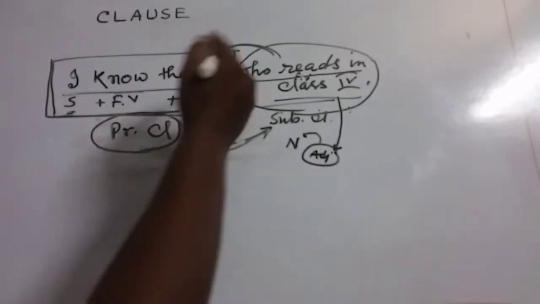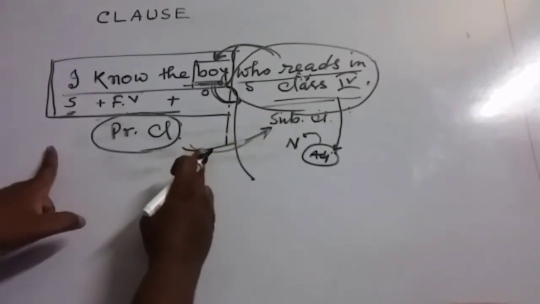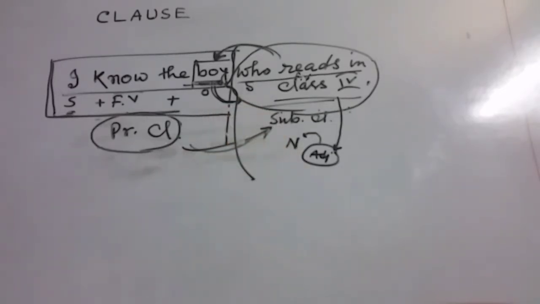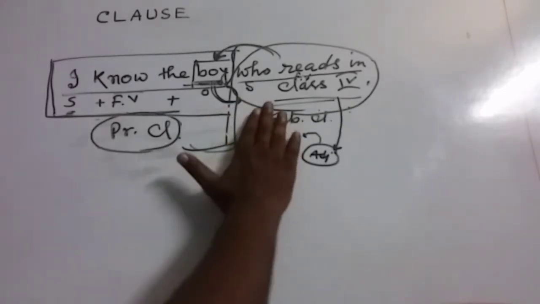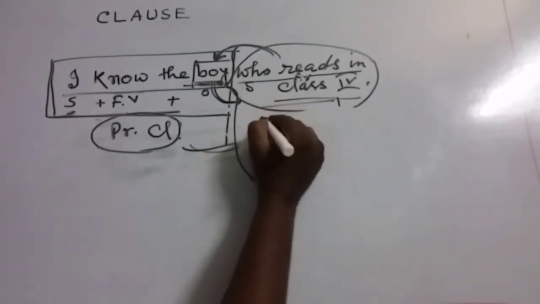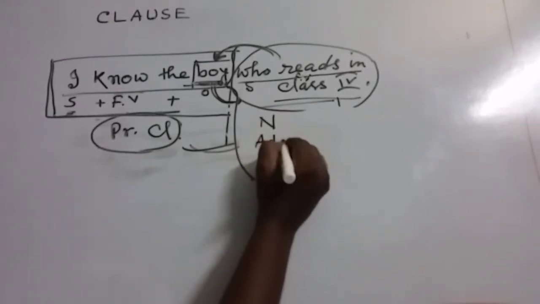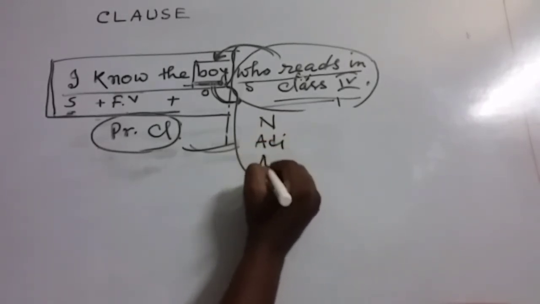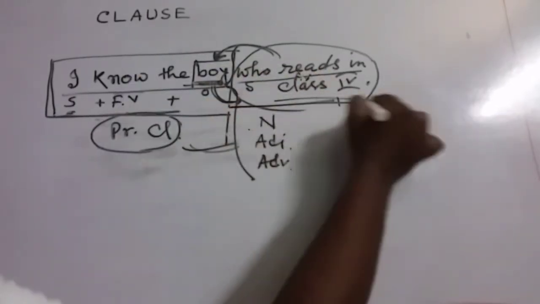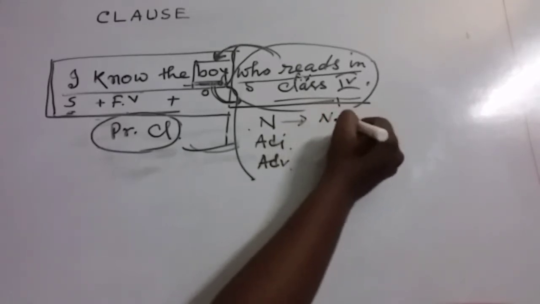My dear friends, this part is the principal clause, it's clear. And in this part, the subordinate clause may act like a noun. A subordinate clause may act like an adjective. A subordinate clause may act like an adverb. Whenever a subordinate clause acts like a noun, it is called a noun clause.